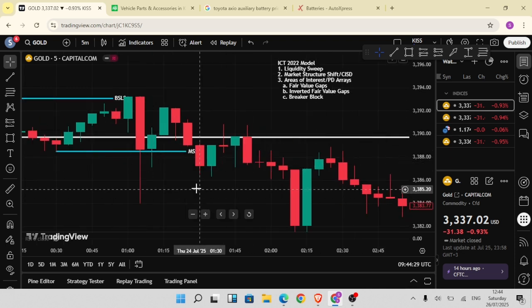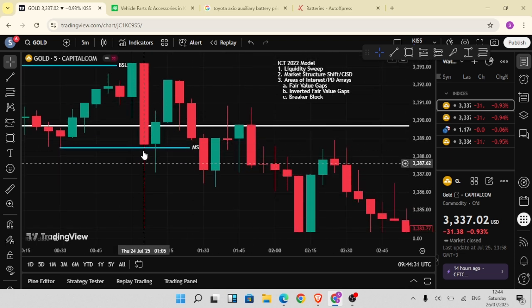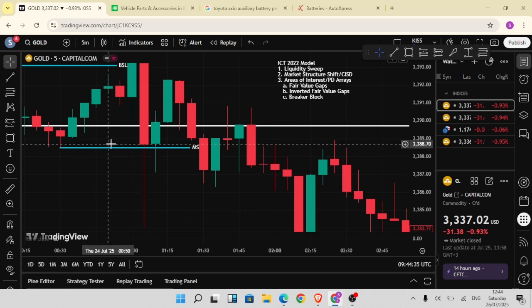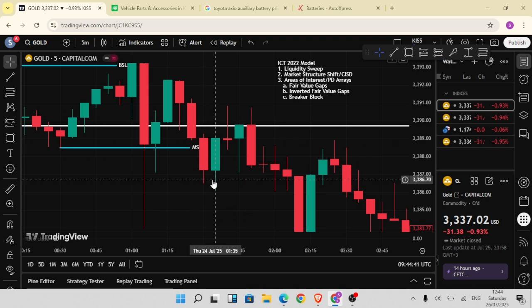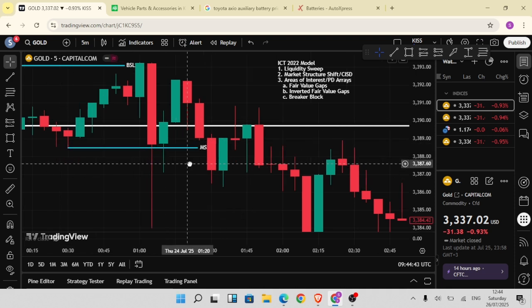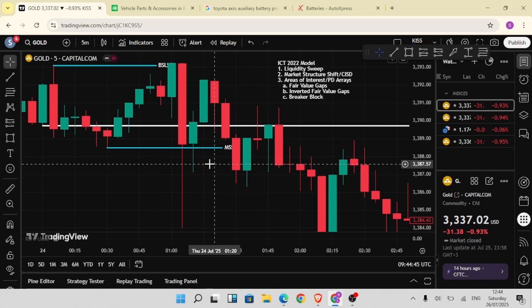Now, something to point out, wicks do not represent a market structure shift. That is why I have extended this line to this area. There has to be a candle body closure below this low for it to become a valid market structure shift.